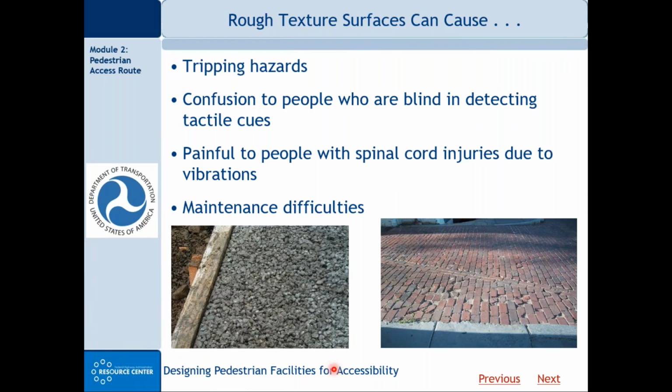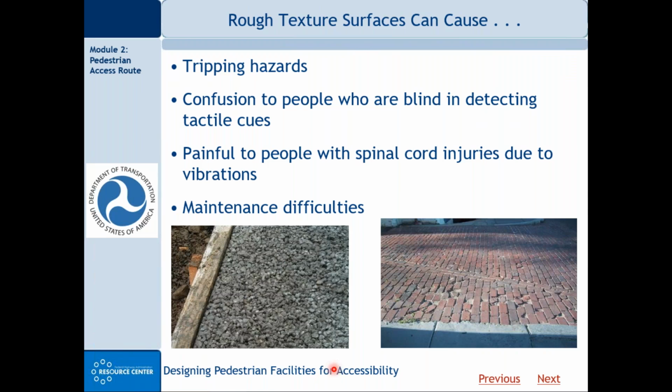Also, and maybe this should be at the top of the list, for people with certain types of spinal cord injuries who are in wheelchairs, vibration can be excruciatingly painful. So that's another reason for providing a smooth surface, so as not to cause pain for individuals in wheelchairs.